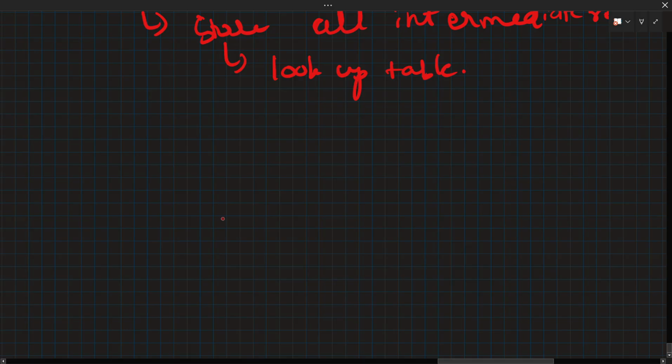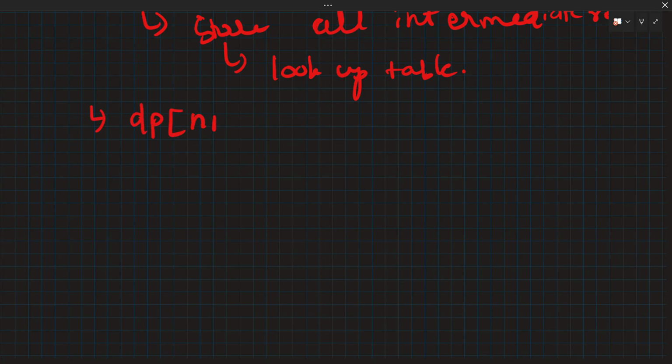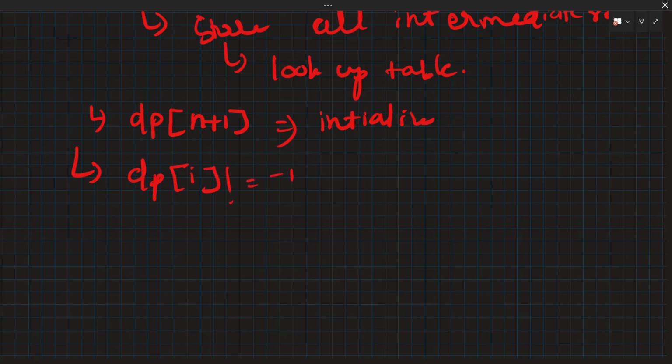First, when you convert to memoization, we initialize a dp array of size n plus 1, and we check if dp of I is not equal to -1.